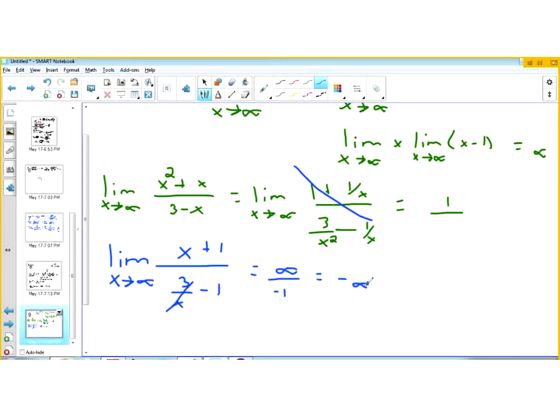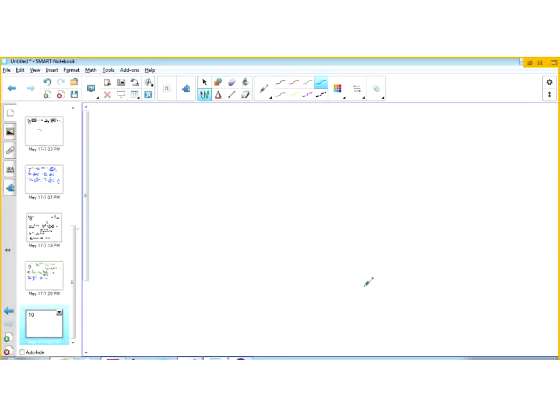All right, so now we're going to do proofs, epsilon delta proofs for infinite limits. And I'll start off with a definition. I'll give you the epsilon delta definition for the limit as x approaches infinity, and here it is. Give me a second to paste it in to the smartboard.